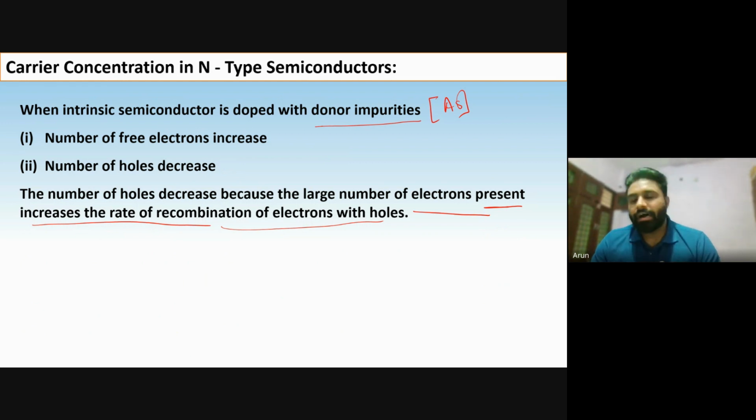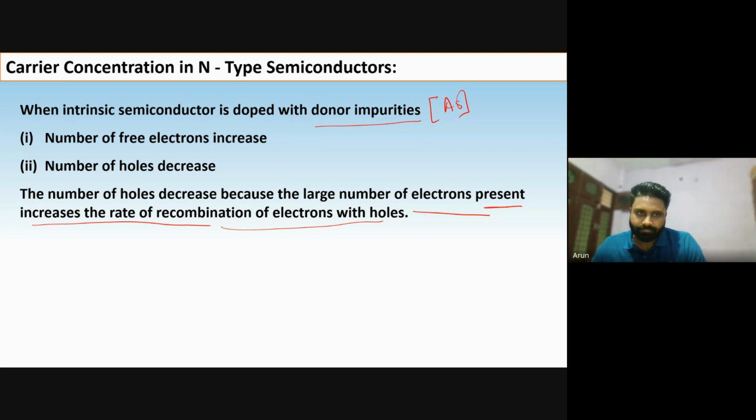When arsenic combines with this germanium atom, number of electrons will increase because it already has a free electron. So when a bond breaks and a vacancy is created, that electron will immediately fill that vacancy because it is free to move. So the rate of recombination of electrons and holes will increase. That is why the number density of holes is lesser in comparison with electrons.